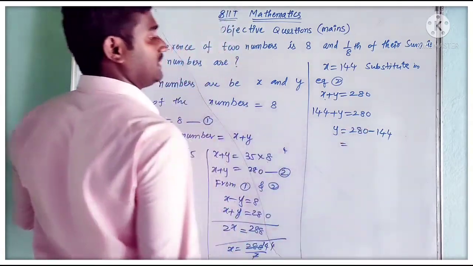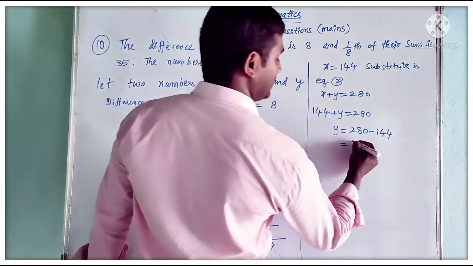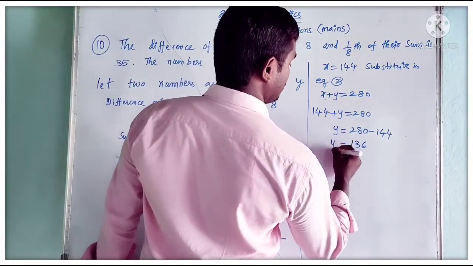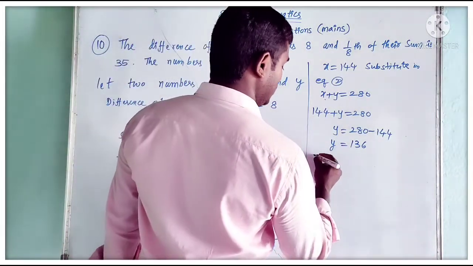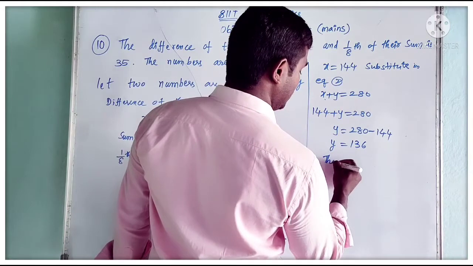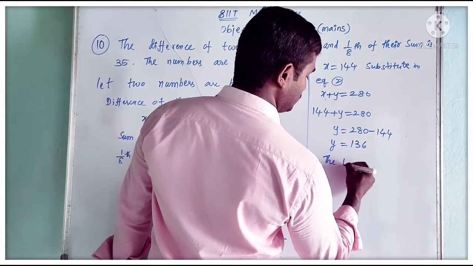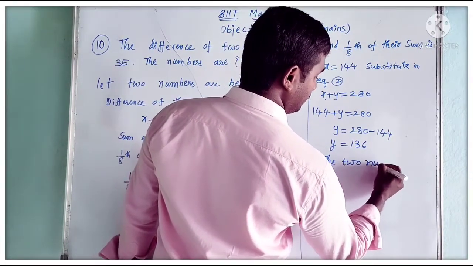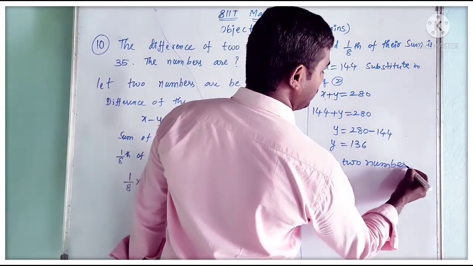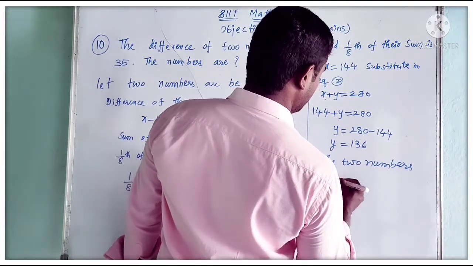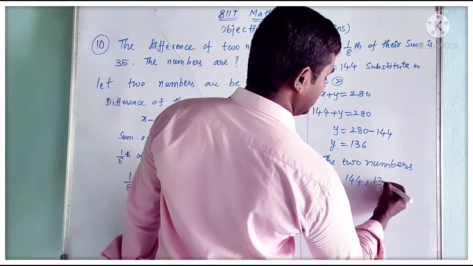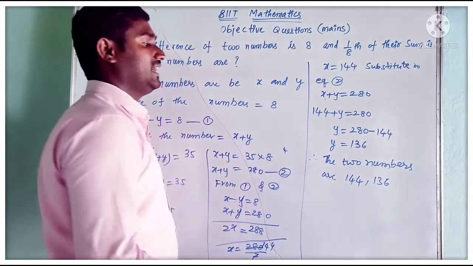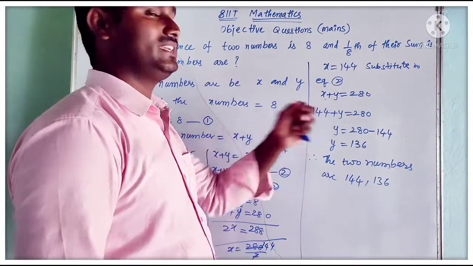So 280 minus 144, 136. y is equal to 136. Therefore the two numbers are 144 and 136. The difference is 8 and the sum is 280.